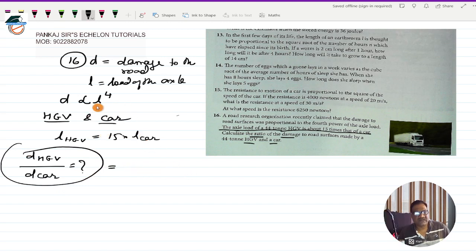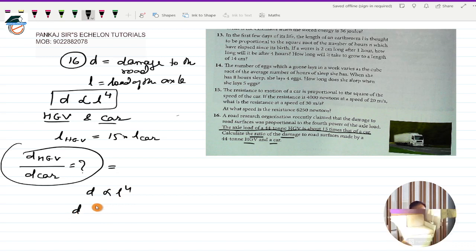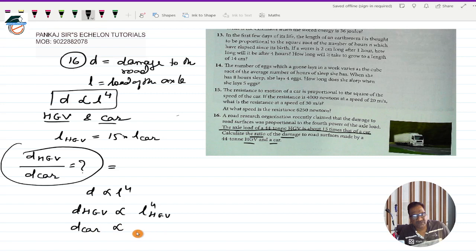Okay. Now, coming back to this relationship. Now, we know that D is proportional to L raised to 4. So, can I write that D for HGV will be proportional to L for HGV raised to 4, and D for car will be proportional to L raised to 4 for a car.